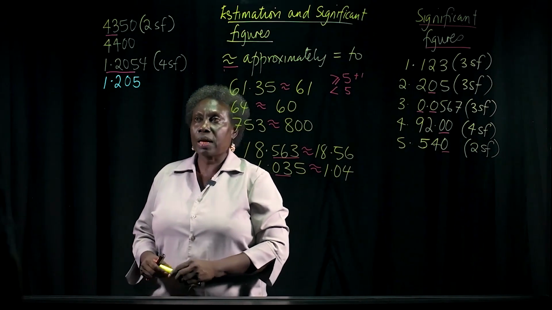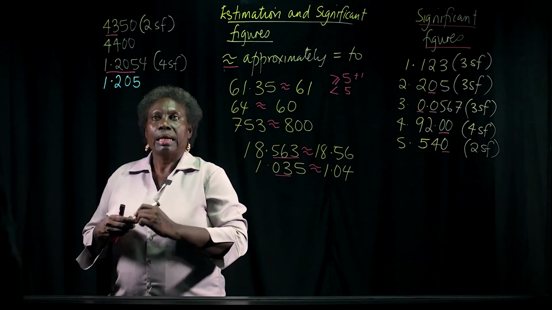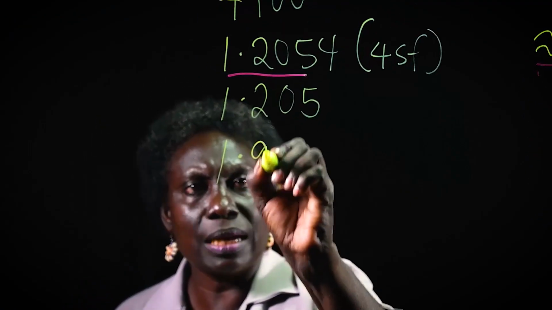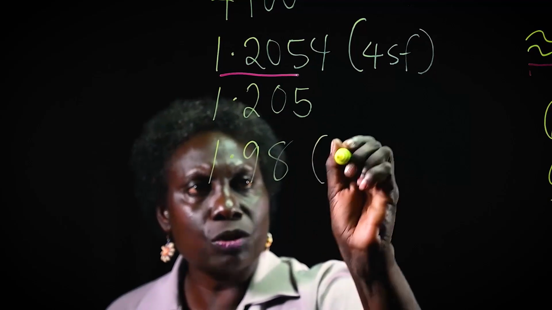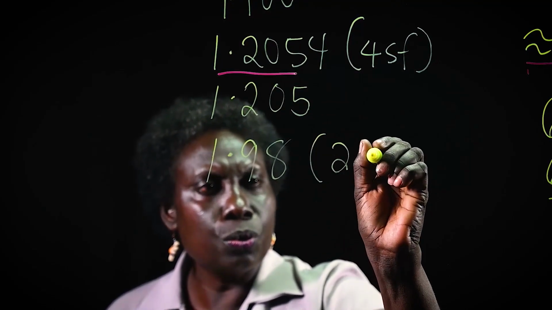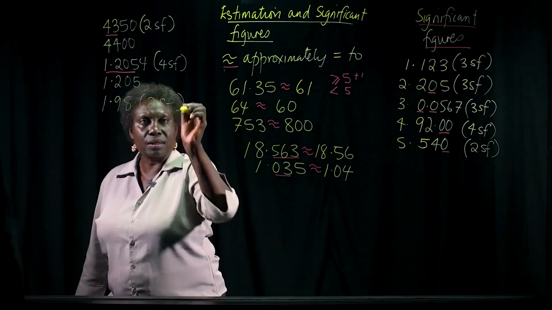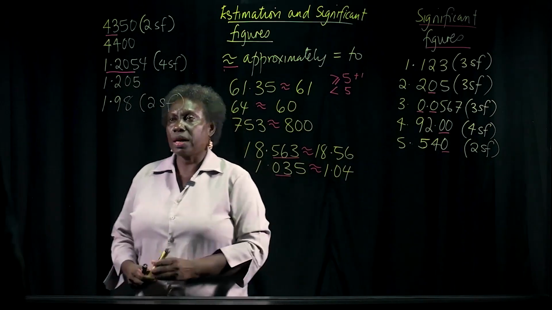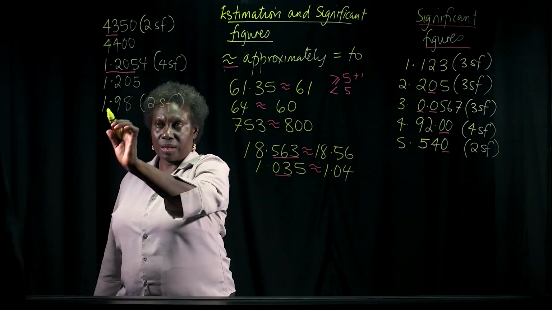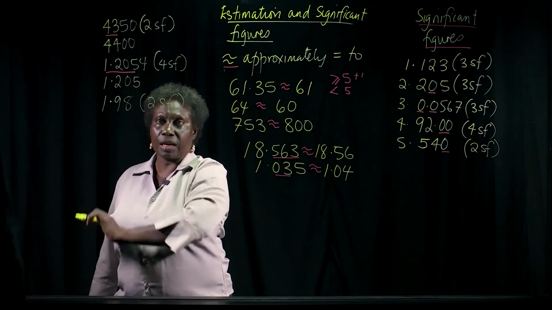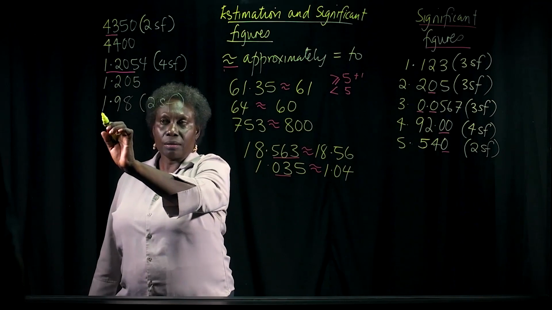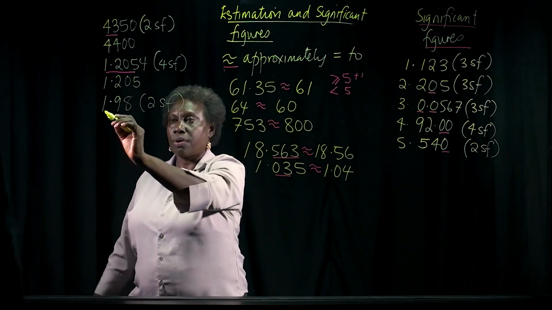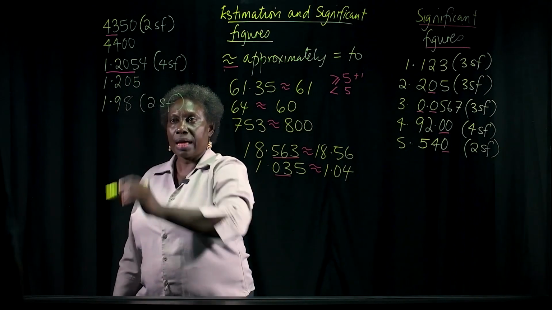Now, let's look at the last example. Our last example is 1.98, correct to two significant figures. Now, as we have mentioned earlier, we always start from the first significant figure and count to the right to the number of significant figures required. So we have 1.9.